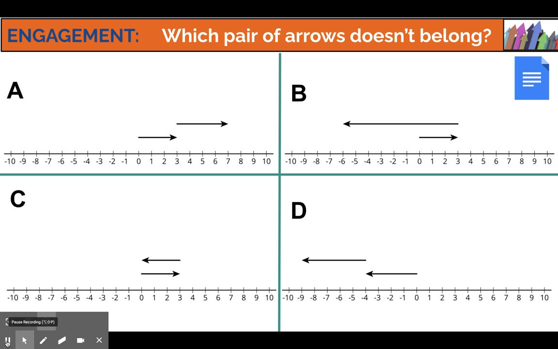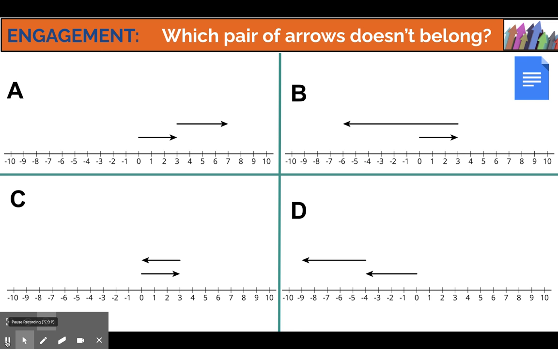Or you may have said C because those are the only ones where the arrows point in opposite directions and are the same length. Or you could have said D because it's the only one where both arrows point left. So your justification for all of these could have been different.